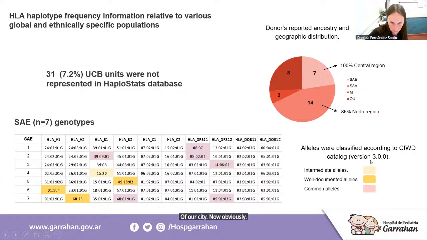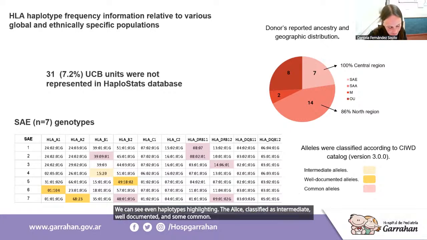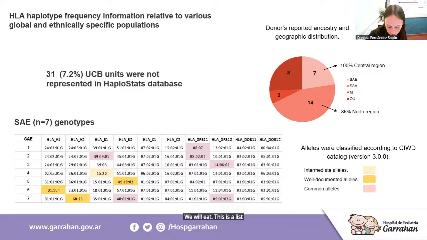Below, we can see 7 haplotypes highlighting the alleles classified as intermediate, well-documented, and some common. We believe these alleles might be underrepresented in the database, even though in some cases we also observe uncommon CB and DRB1-DQ linkage disequilibrium.